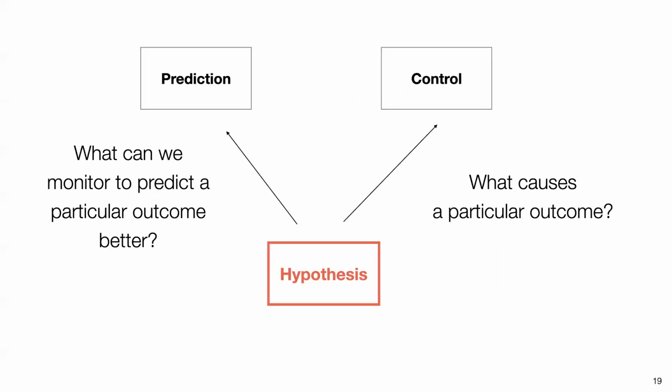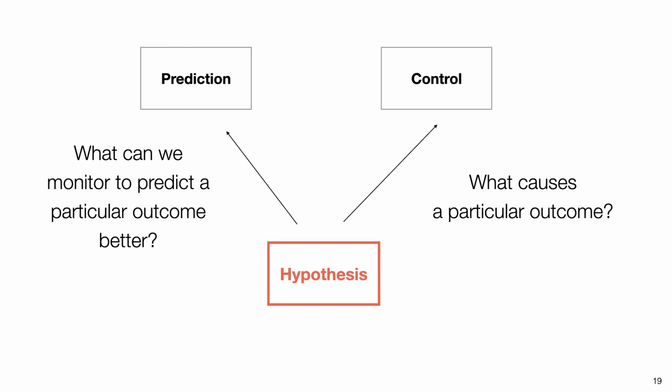So the goal is to predict how many customers there are going to be, or what we can control, meaning what we can do to get to 100 customers. Either way, we start with a hypothesis. That's regardless of the name; that's what we do every day in a business environment, or in any organizational environment.